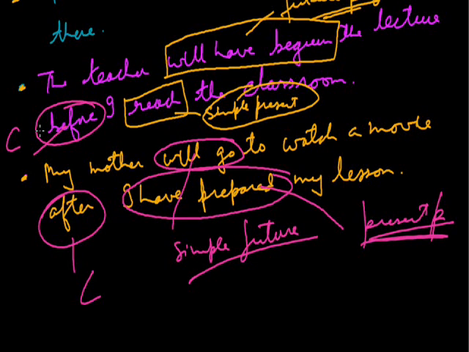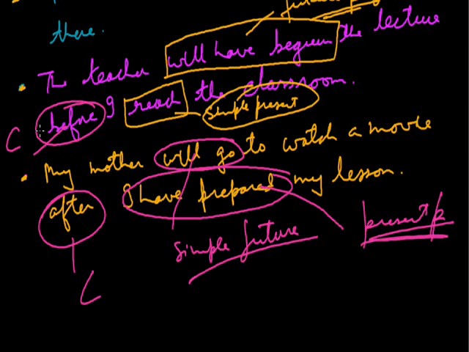After I have prepared my lesson. So we have used present perfect tense. That means the action of my preparing the lesson will happen earlier. Once that action will happen, only after that my mother will go out to watch a movie.